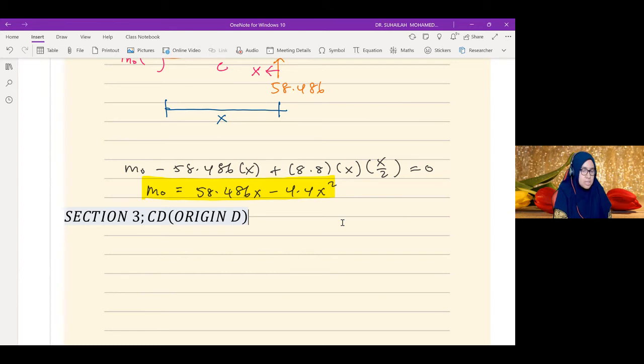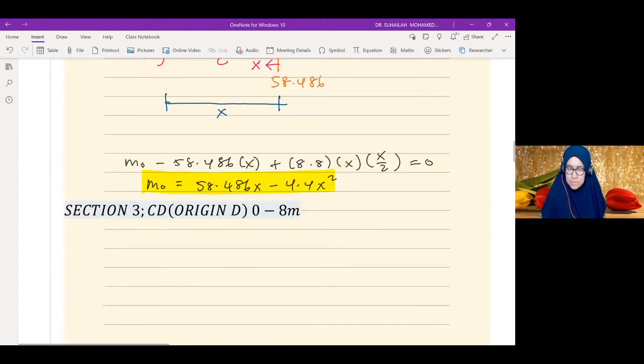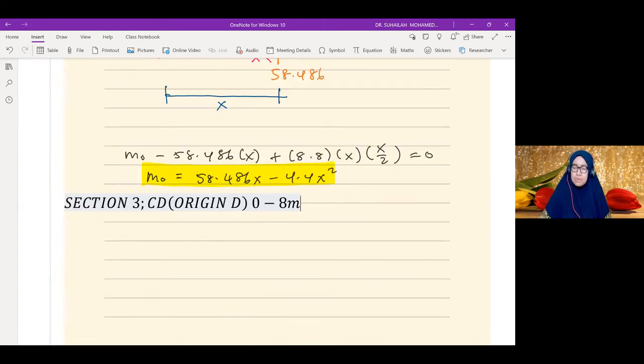And X is between 0 to 8 meter. Previously it was 8 to 14 because it was for BC. Now it is from 0 to 8 because it is for CD.